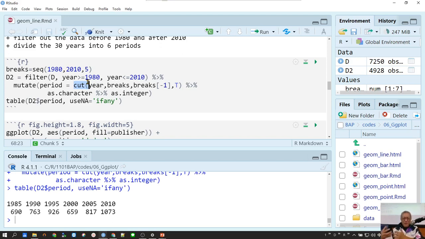It's kind of complicated, but in R, this is the way you need to do it. Let me say it again, this cut function returns a factor, right? Let me try to do this so it's easier.